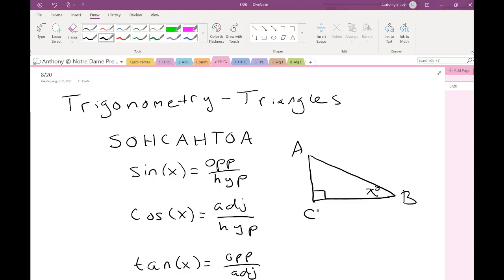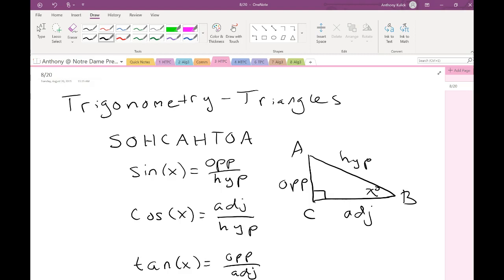Which side is the opposite side relative to this angle X? AC. Good. And which side is the adjacent side? CB. And the hypotenuse would always be AB. Everybody's okay with that idea? Okay.